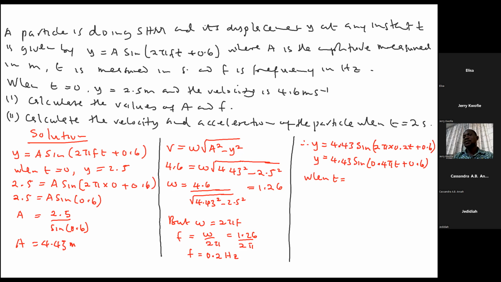To be able to get the velocity, we'll write t equal to 2 seconds. Displacement y is 4.43 sine of 0.4 pi times 2 plus 0.6. Don't forget, all that angle is in radians.